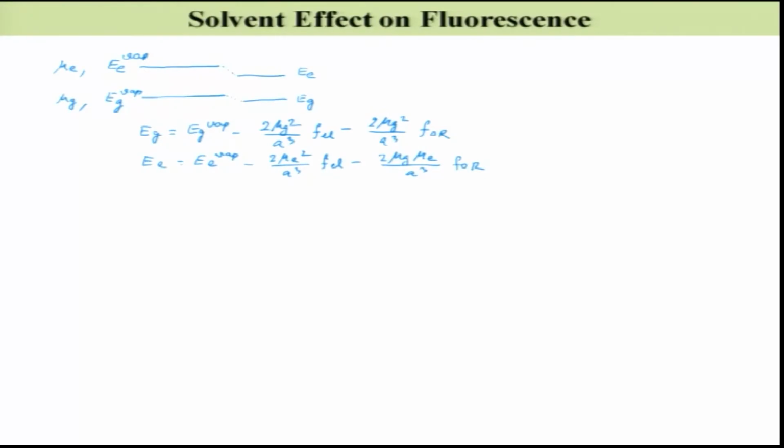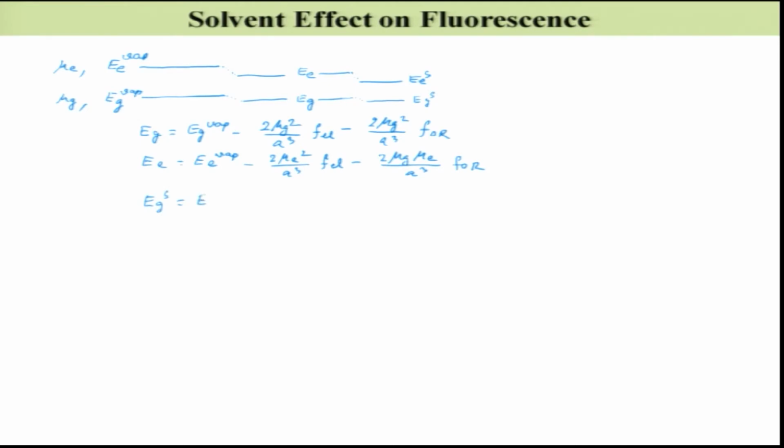So, this state will be further stabilized because of this solvent reorientation, and I termed it as E E S, and I termed the other as E G S, that means solvated.